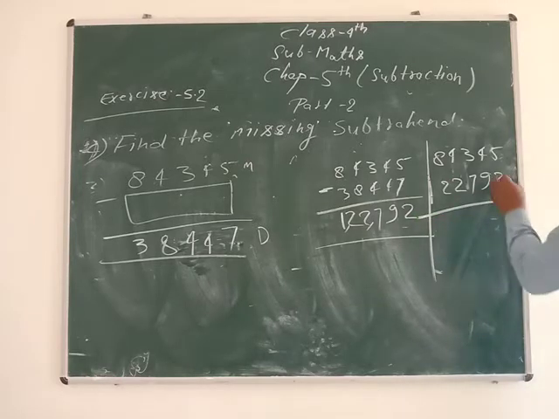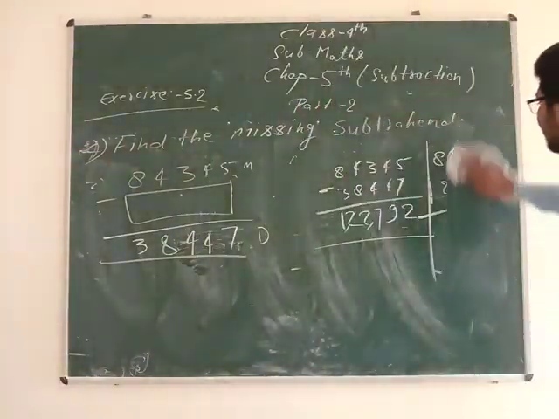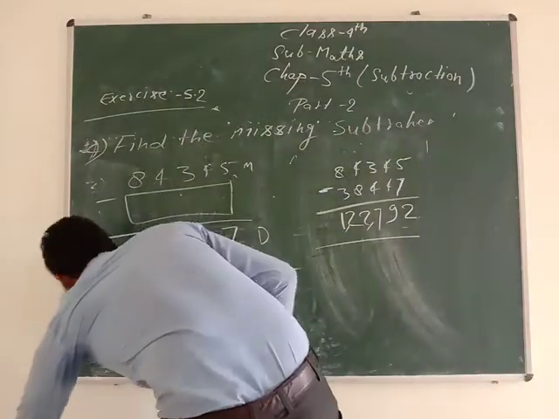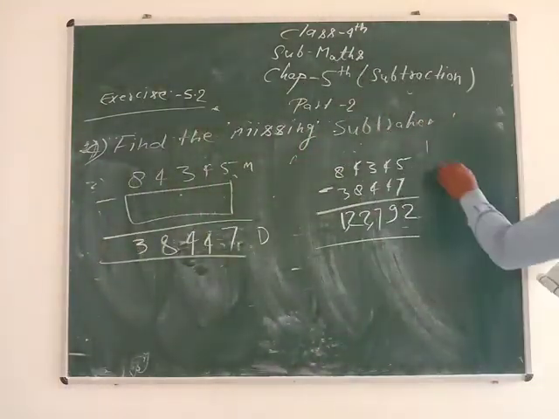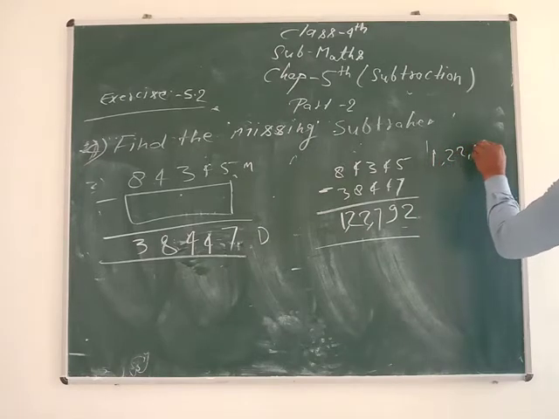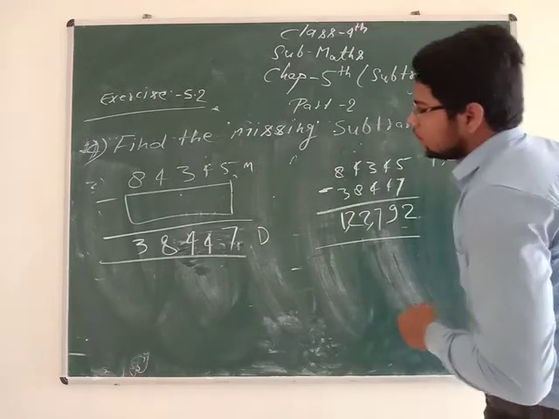5 minus 2. So it is now a greater number, so we have to write the lower number.